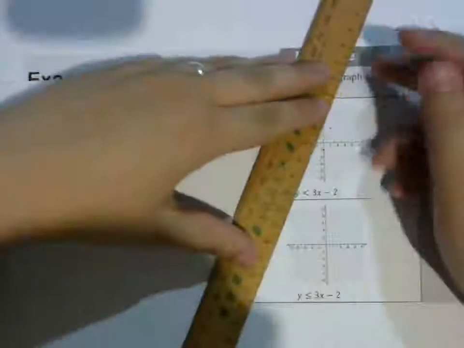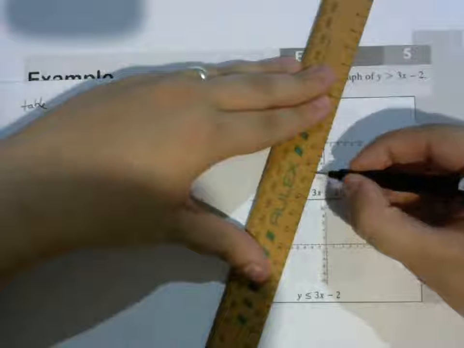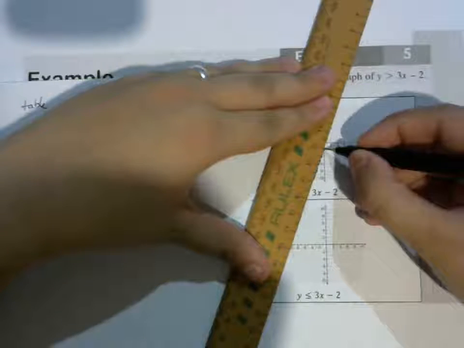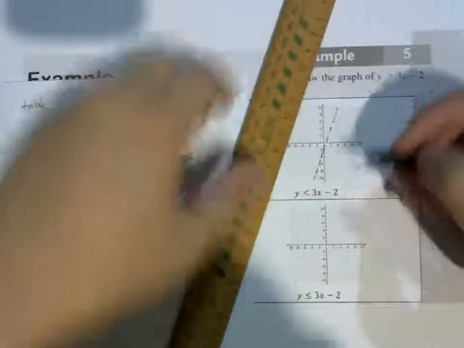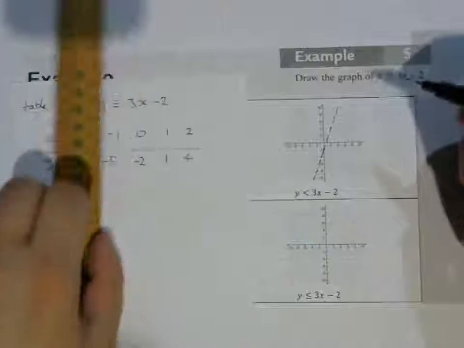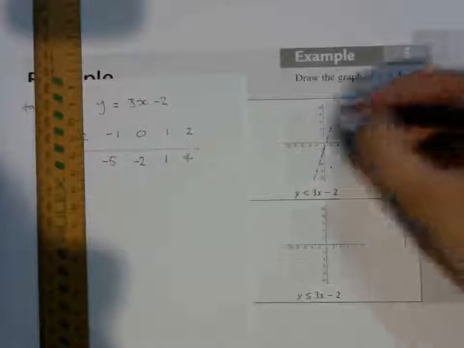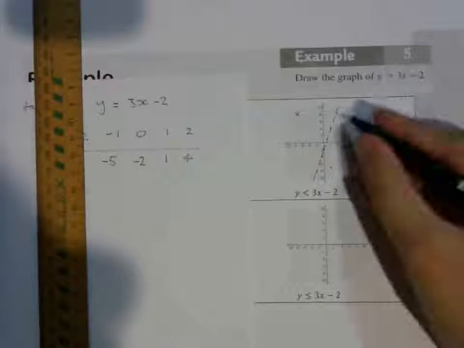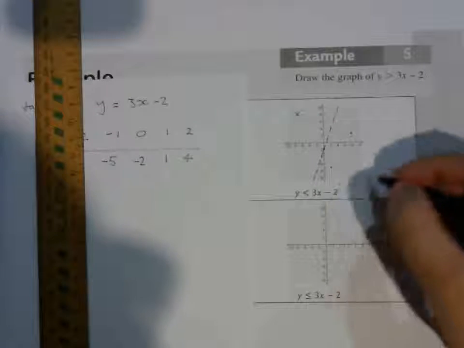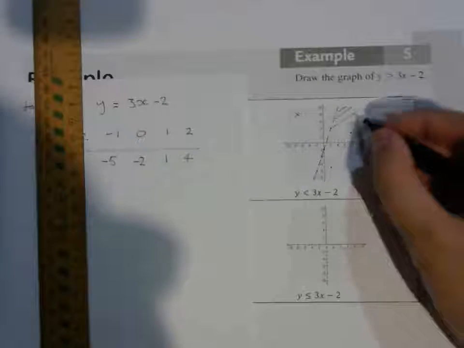Grab my ruler, and again this will be a dashed line because y can't equal this line. It has to be less than that line. That means y could be here, it could be here, it could be here. It can't be over here. It could be any value in this region below the line, so underneath the line.